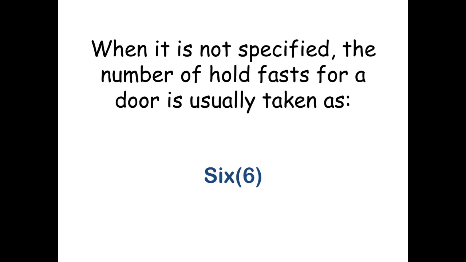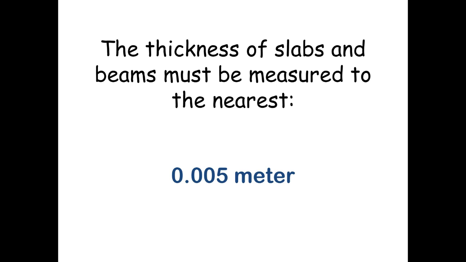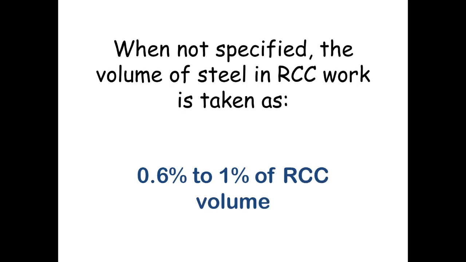When it is not specified, the number of hold fasts for a door is usually taken as 6. The thickness of slabs and beams must be measured to the nearest 0.005 meter. When not specified, the volume of steel in RCC work is taken as 0.6% to 1% of RCC volume.